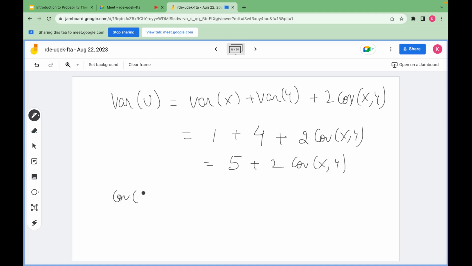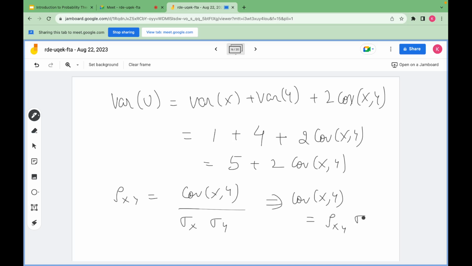Rho xy is equal to covariance of x comma y upon sigma x sigma y. So covariance of x comma y is rho xy into sigma x into sigma y.